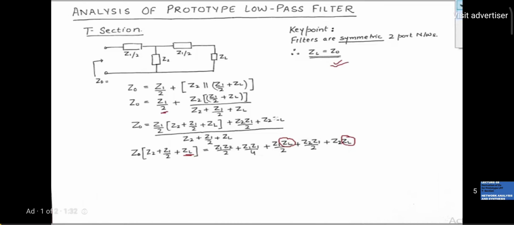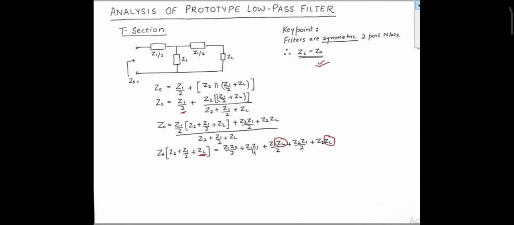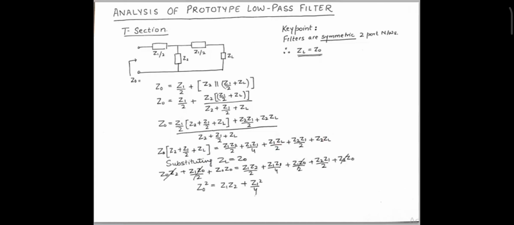To be equivalent to Z0 in the next step. So by doing so, this Z0 Z2 gets cancelled with Z0 Z2 here. Z1 Z0 by 2 gets cancelled with Z1 Z0 by 2 because we have substituted ZL as Z0.